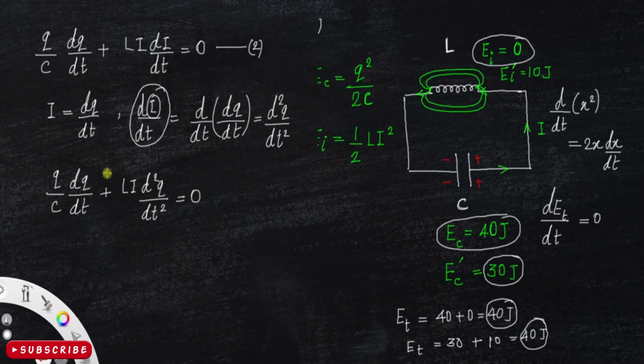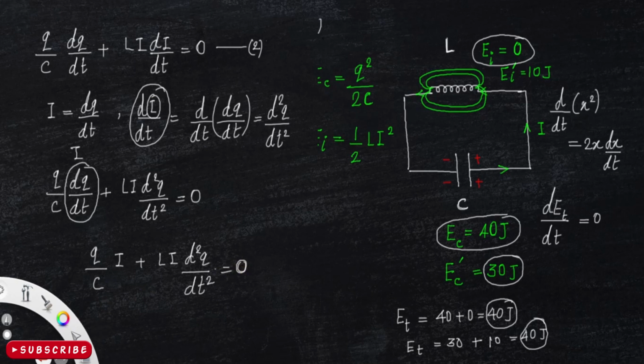Now, see, this dq by dt is actually i. So I can write this as q by c i plus L i d square q by dt square is equal to 0.